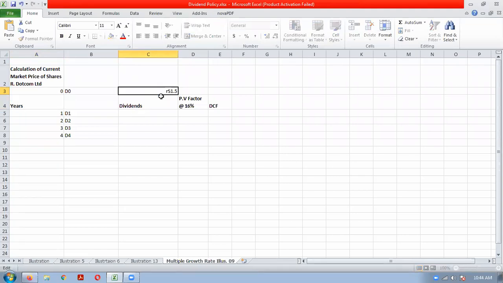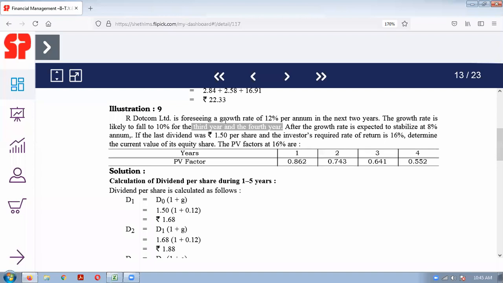So based on this, we can calculate D1. D1 will be D0 into 1 plus G. D0 is 1.5, 1 plus what is the growth rate for the first year?